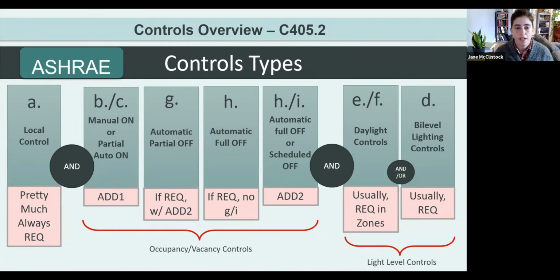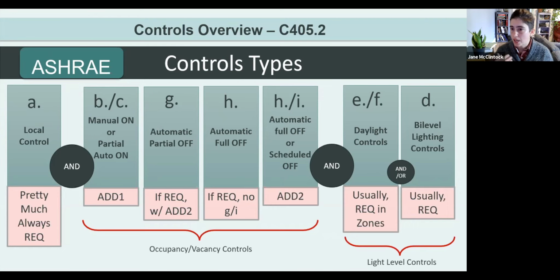And then we also have automatic partial off, which is sometimes required in ASHRAE, and then automatic full off. So some spaces are required to have an automatic full off. And if that's required, we're not going to see, of course, the option for an automatic partial off or the scheduled off, because we're going to have an automatic full off.